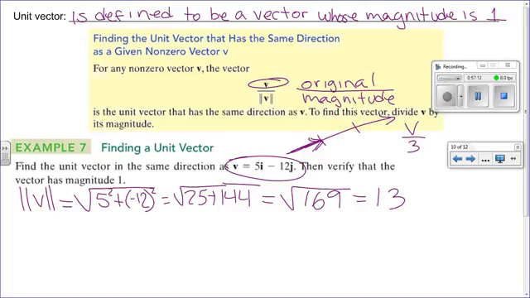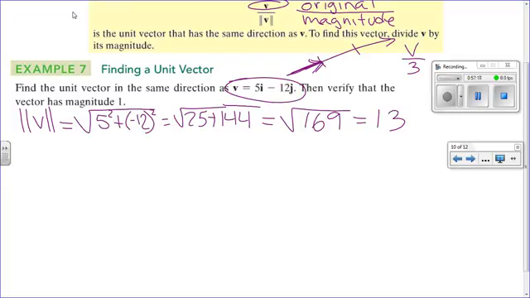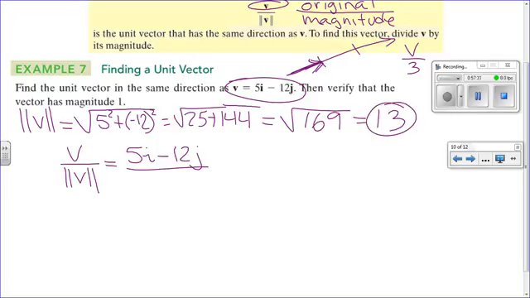Now, what we're going to do is take the vector and divide by its magnitude. And so it will look like this. 5i minus 12j divided by the magnitude, which we found to be 13. Now, we're not just going to leave it like that, because we want to separate it in terms of i and j. So we're going to split the fraction.